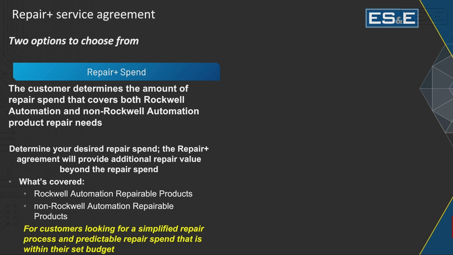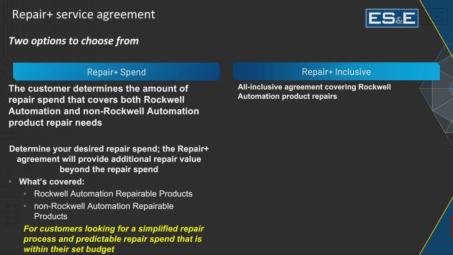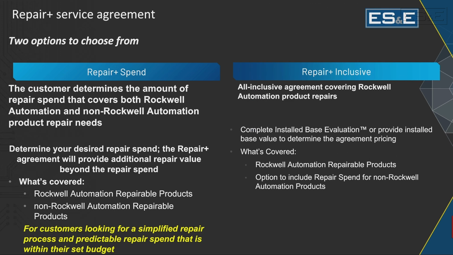This is for customers looking for a simplified repair process and predictable repair spend within their budget. Then there's the Repair Plus inclusive, which is a little different in that this agreement covers Rockwell Automation-only items, and an install base has to be completed to determine that budget.